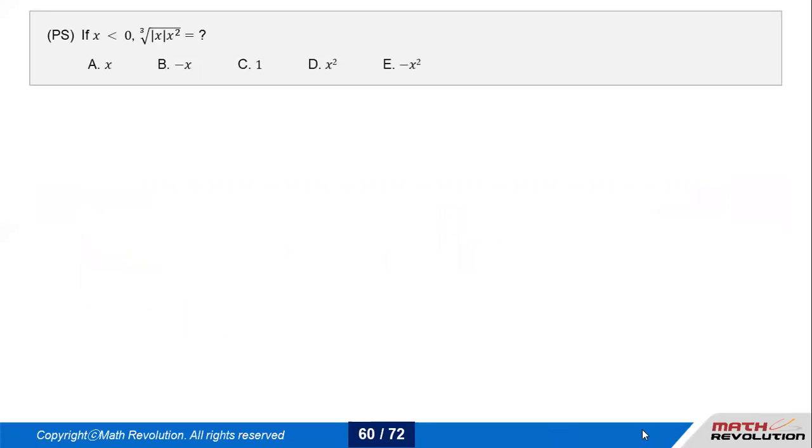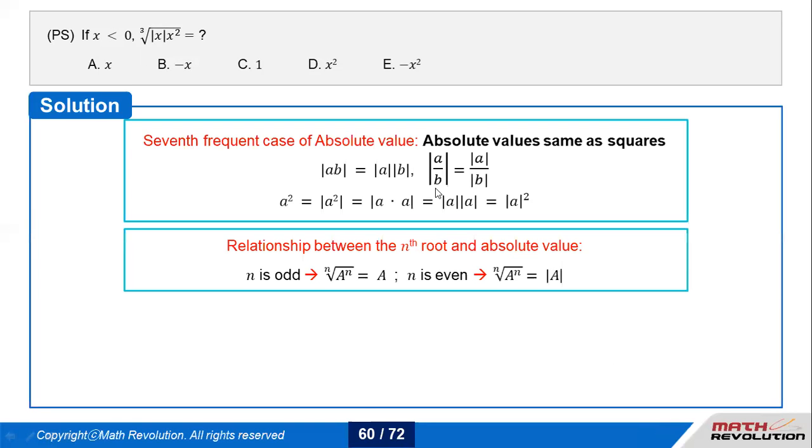Now this is a very good question, which says that if x is less than 0, that means x is already negative. Then we're dealing with a cube root sign, we're dealing with one mod, and then we're dealing with x with the even power. So we'll apply all the possible cases that we have learned so far. The seventh rule is that we know how to break up mod AB.